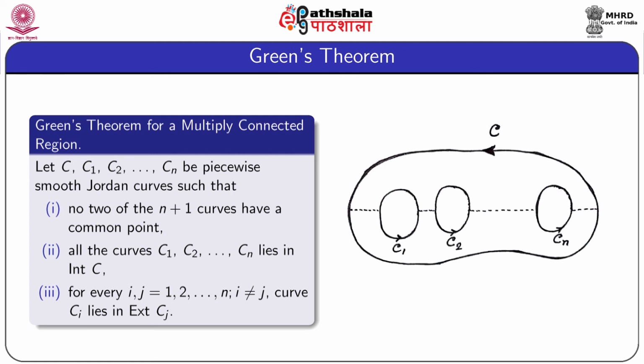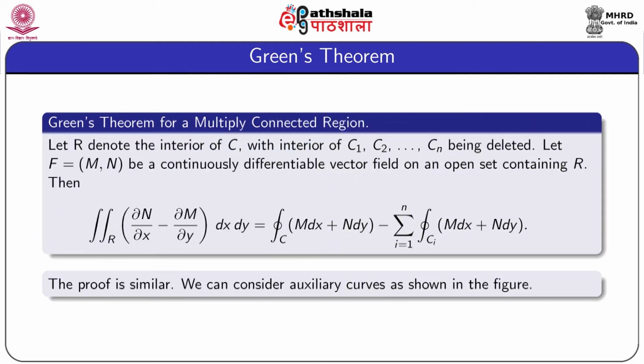We also assume that all the curves C1, C2 up to Cn lie in the interior of C. Thirdly, for every i and j from 1 to n, i and j distinct, curve Ci lies in the exterior of curve Cj. Then we can consider auxiliary curves as we have shown in the figure. Let R denote the interior of C with the interiors of C1, C2, Cn being deleted.